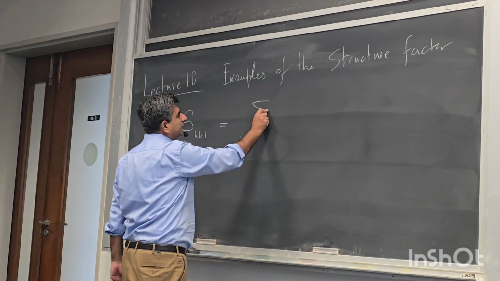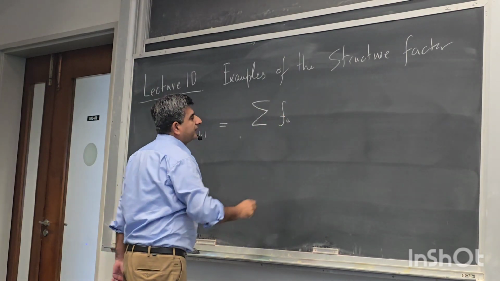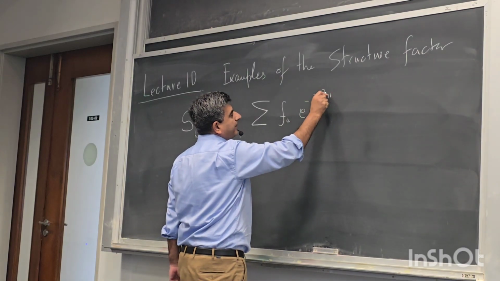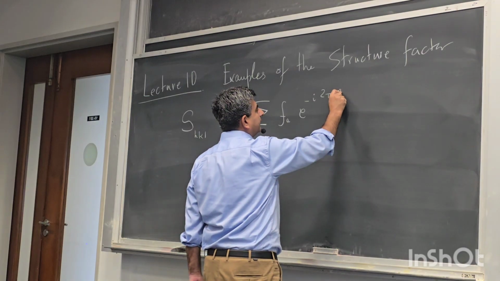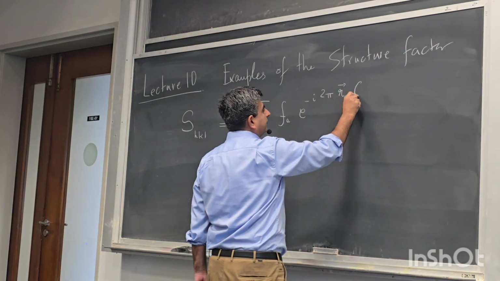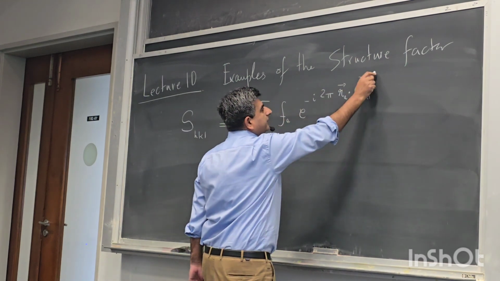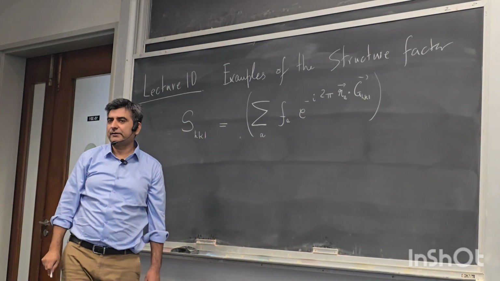So if you recall, there is a structure factor Fa e raised to power minus i 2 pi Ra dot GHKL. This term is taken over all atoms a inside the basis.